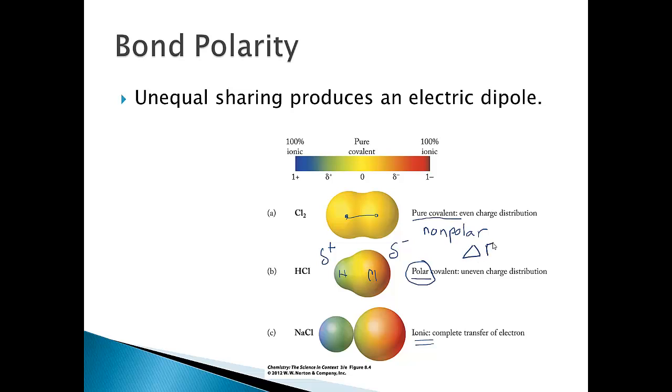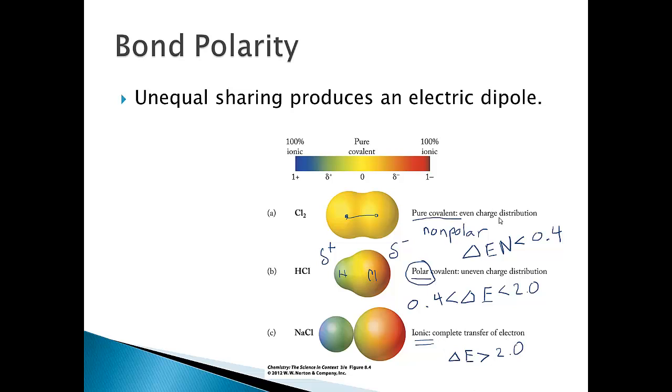If the difference in electronegativity between two atoms is less than about 0.4, we're going to call those pure covalent or nonpolar covalent. If the electronegativity difference is in between about 0.4 and 2, and again, these dividing lines are kind of fuzzy and a little bit arbitrary, then we're going to call it a polar covalent bond. And if the electronegativity difference is greater than 2, we're going to call it an ionic bond.